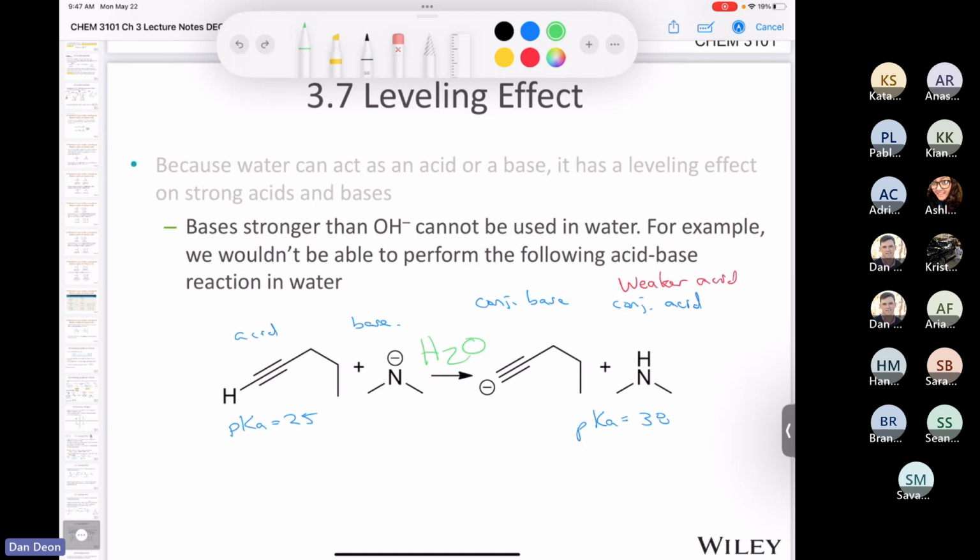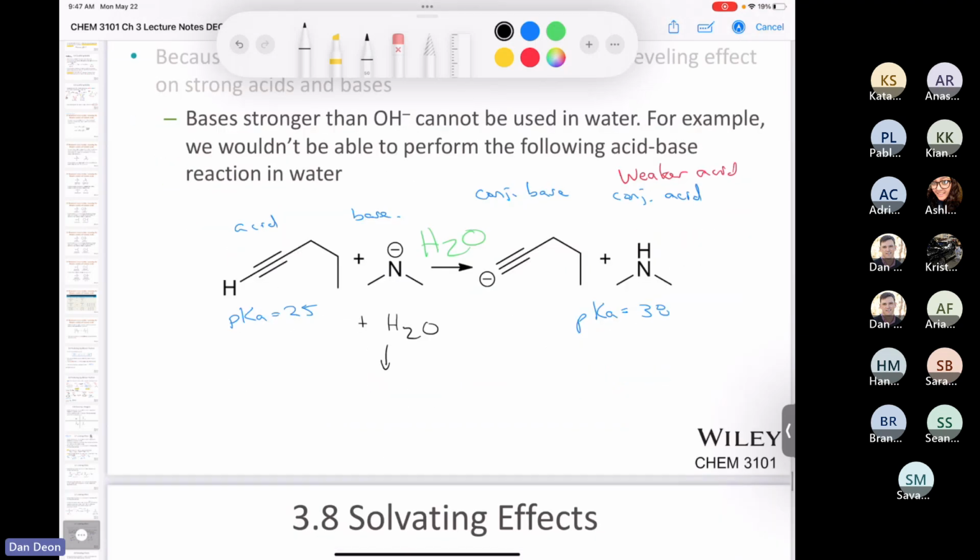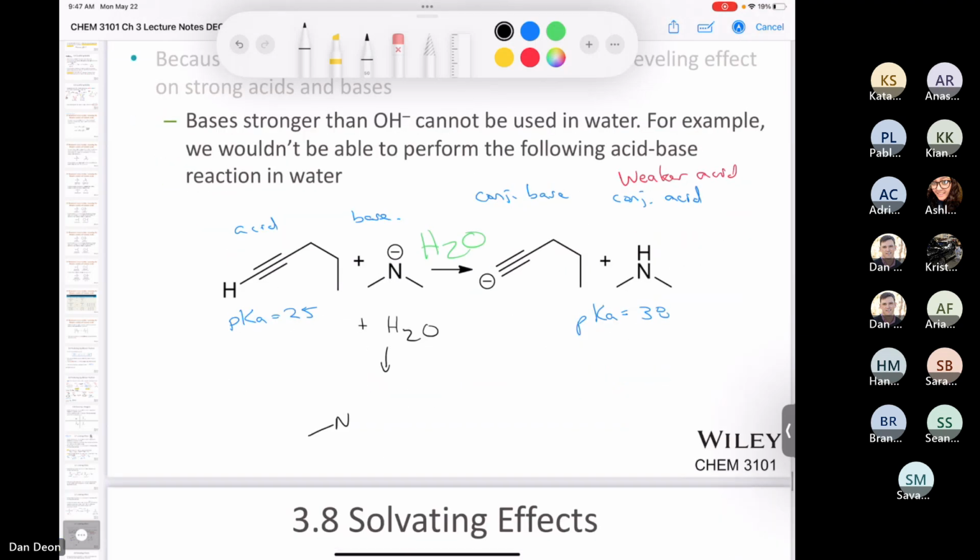Let me prove it to you. So what's going to happen is this is going to react, let me put it like this, with water, okay? And you're going to end up with this compound where you have an amine plus OH minus. So now I'm going to put this in a red box, okay? Just like a movie box, okay?